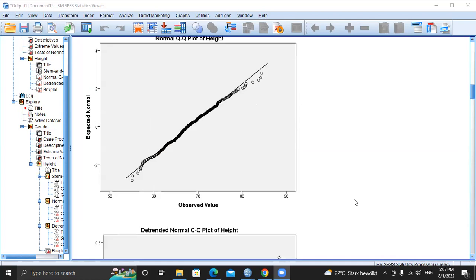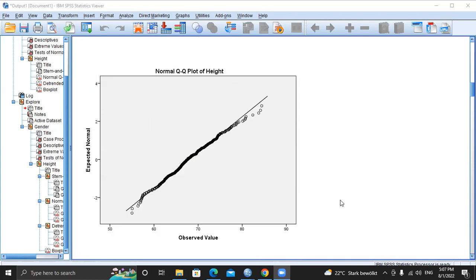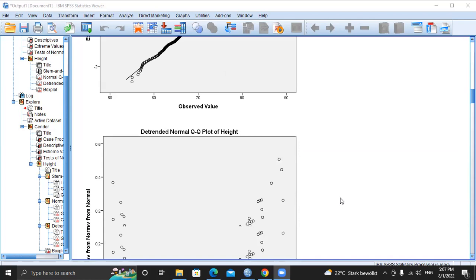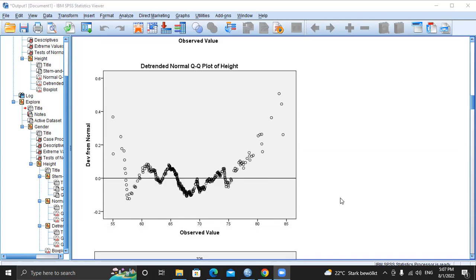Fairly normal, except for the 2 extreme cases. Yeah, the Q-Q plot, or quantile plot, they call it. Continue. I hope we are understanding what is happening. This is almost the same thing, but just represented differently, with the line of best fit being horizontal. Yes, continue.